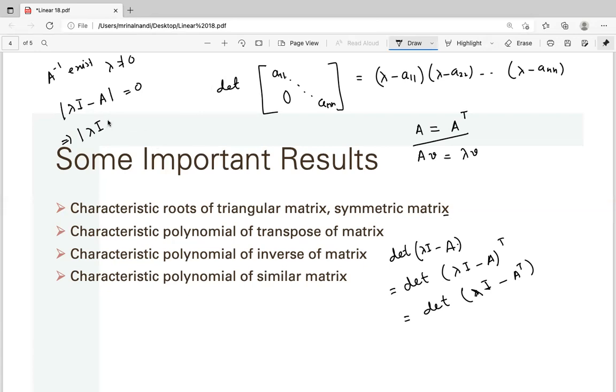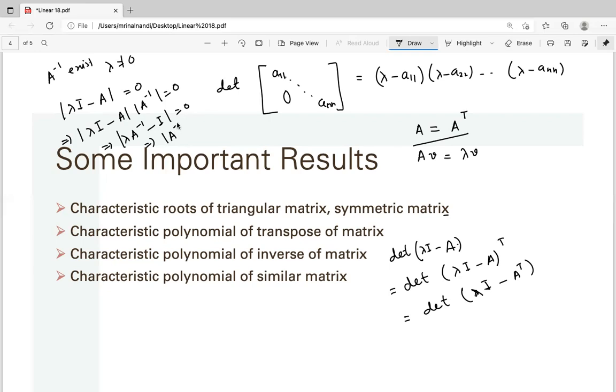So if I multiply by A inverse, this is lambda A inverse minus identity, which is 0. Now lambda is not equal to 0, so multiply by 1 by lambda.